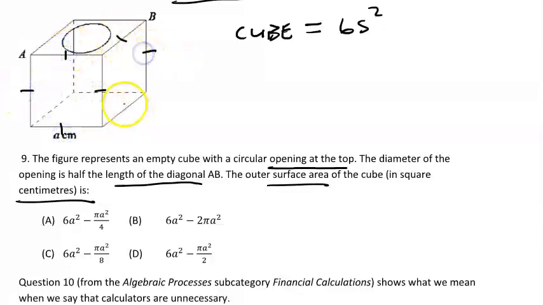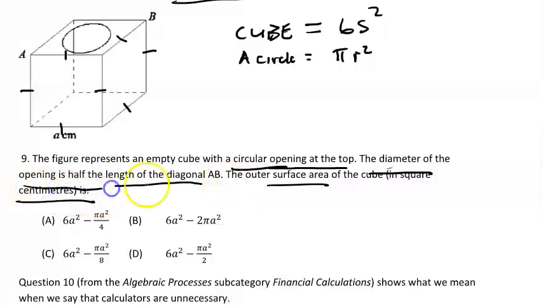Okay, now what do we have here? They tell us also that the opening on the top is circular. Okay, so the area of a circle is equal to pi r squared. The diameter of the opening is half the length of the diagonal. So there's your diagonal, the AB.